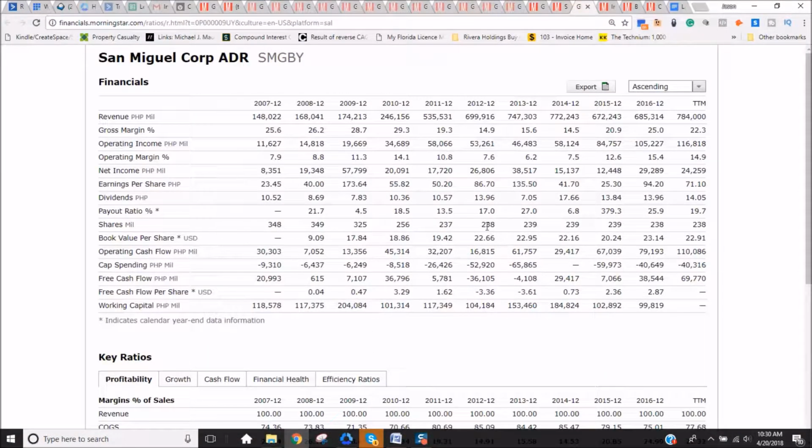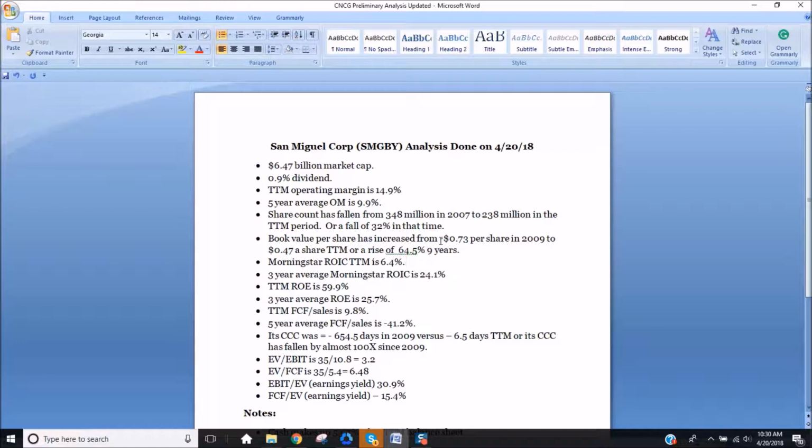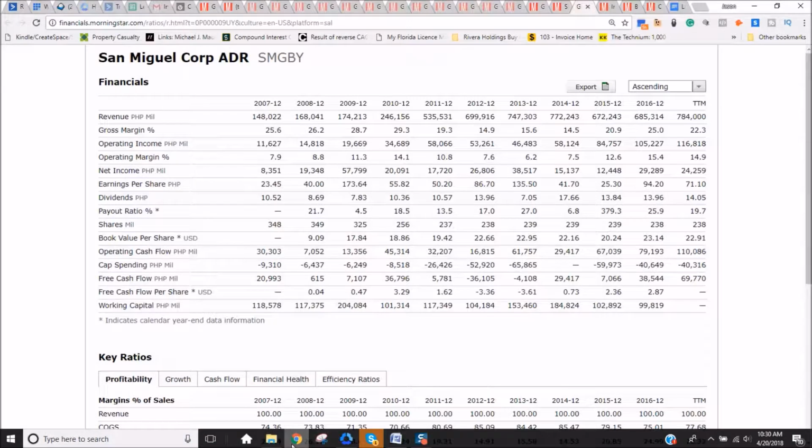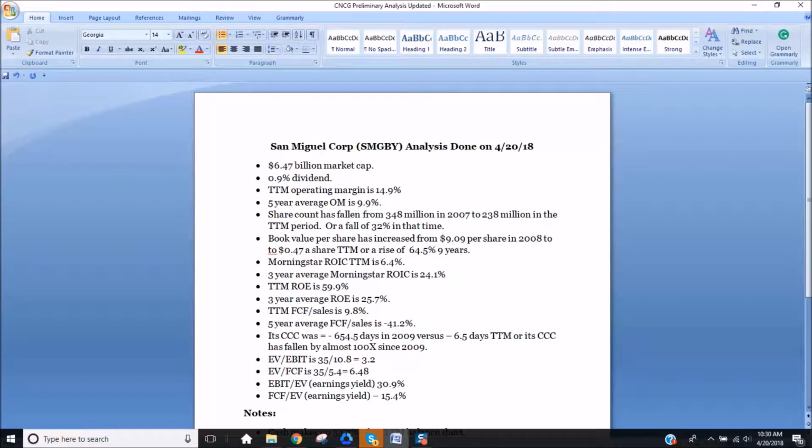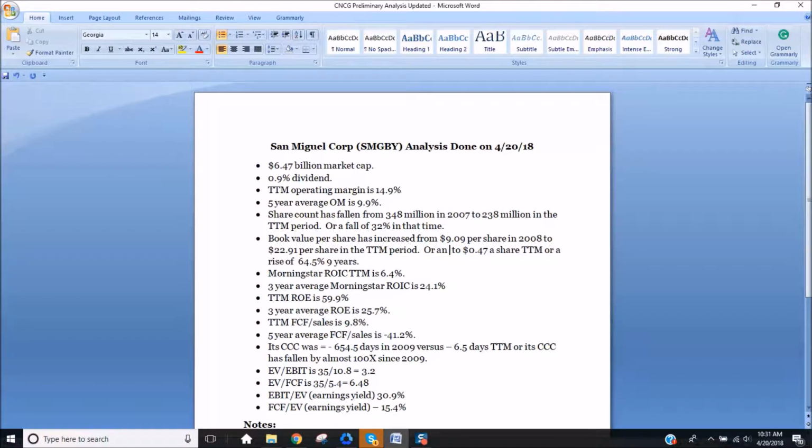Book value per share has risen substantially again, from 9.09 per share in 2008 to 22.9, a rise of 252% in that time.